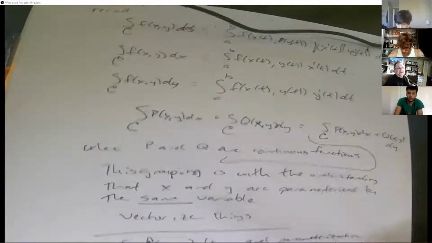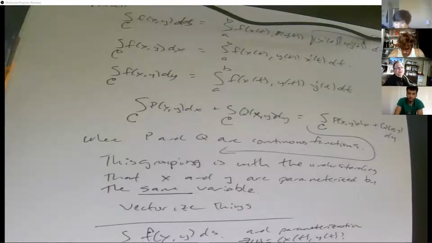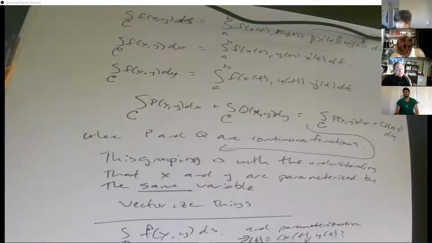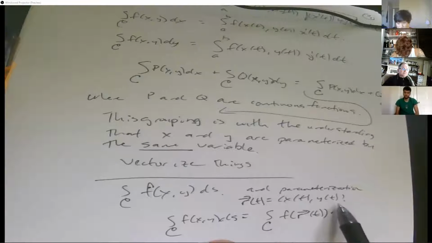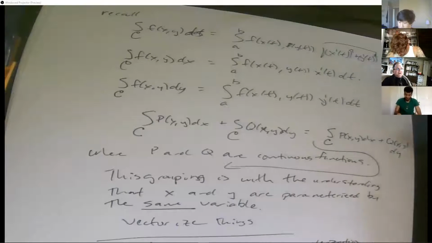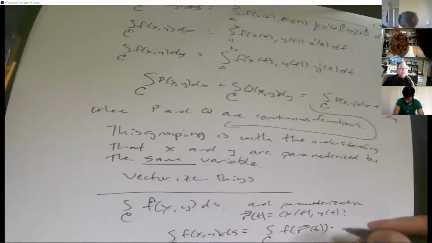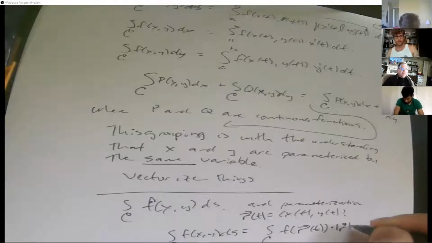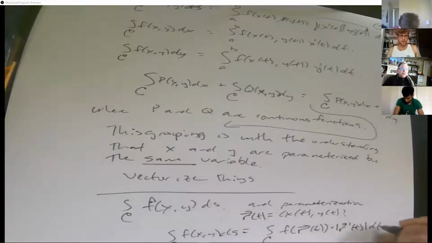Length and magnitude are the same word here, right? The length of the derivative vector. So if you take the derivative of this, what do you get? You get x prime of t, y prime of t, which is still a vector, and you take its magnitude. So this is the magnitude of r prime of t, dt.